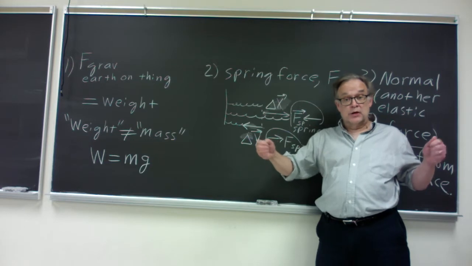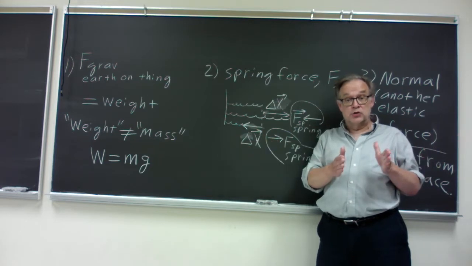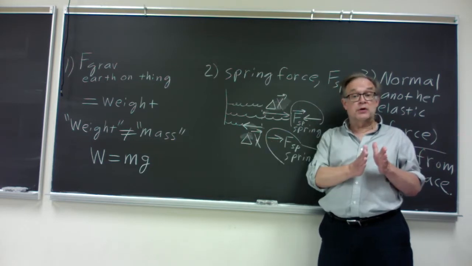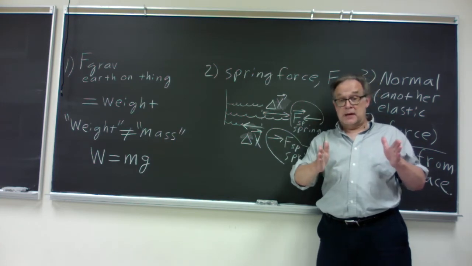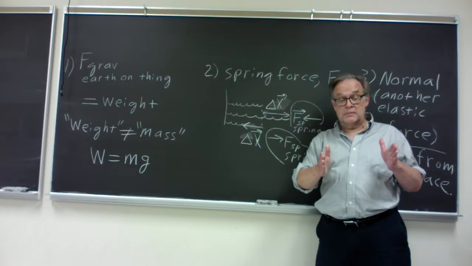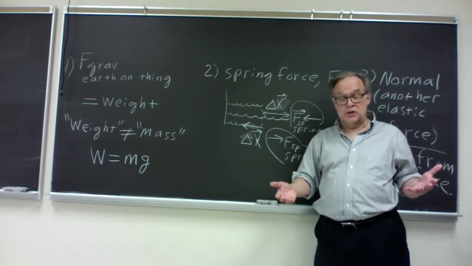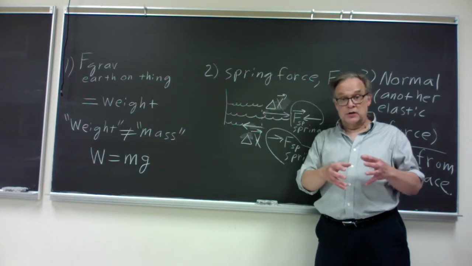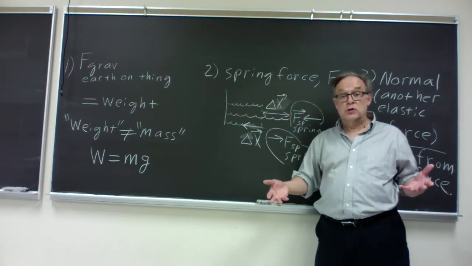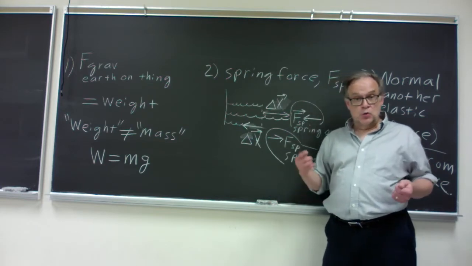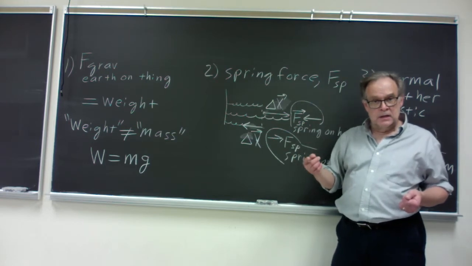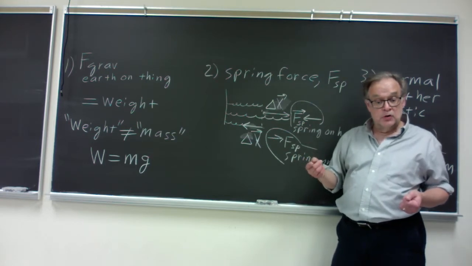You stretch the spring, it'll try to snap back to its original shorter length. You squeeze the spring, it'll try to snap back to its original longer length. Elastic simply means that the object can, after it's been distorted in some way, return to its original shape.